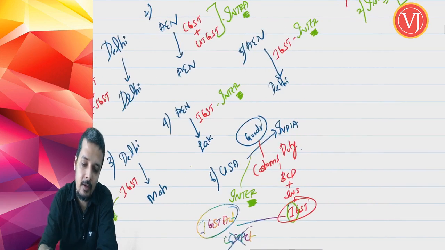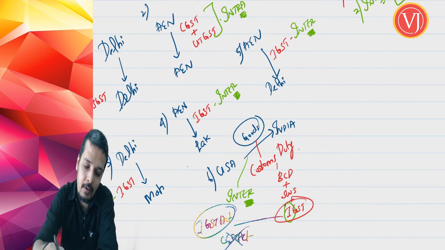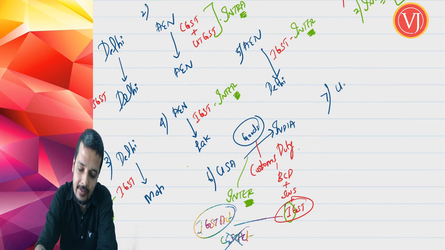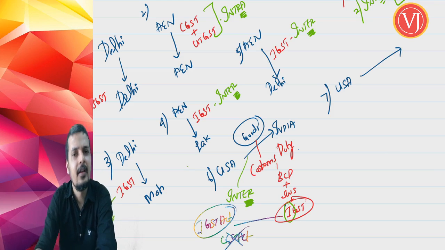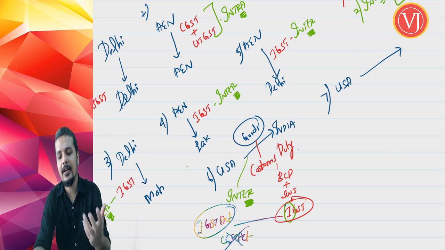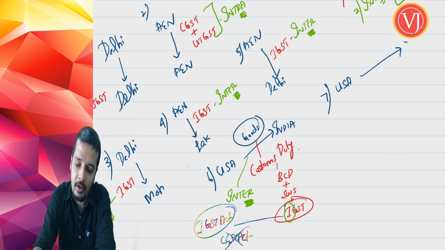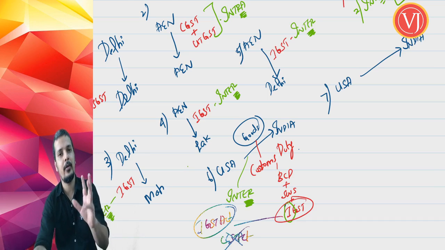Now, if I don't discuss import of services here, I am sure you will always have that doubt in your mind. So, I will even take this point. We will be discussing the same example in further discussion also when we discuss a chapter called RCM, but I will complete this point also. I know, my friends, your mind will be thinking, okay, we have discussed USA to India goods.